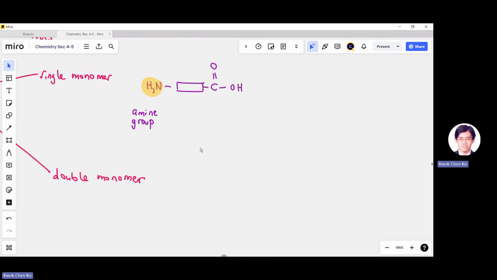Now, look at the double monomer. It looks similar. Now you see your double carboxylic acid again.